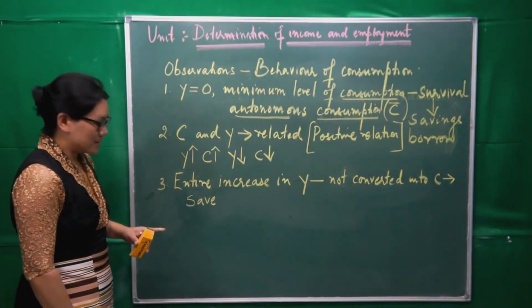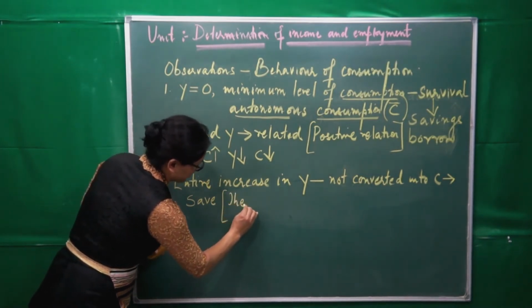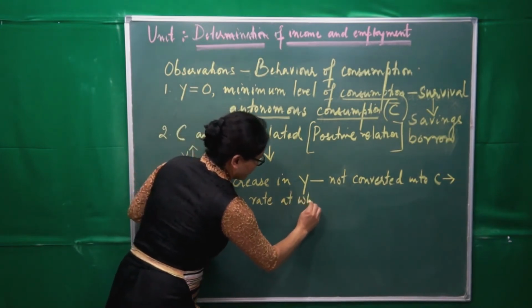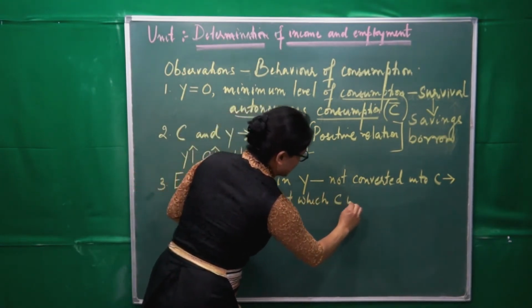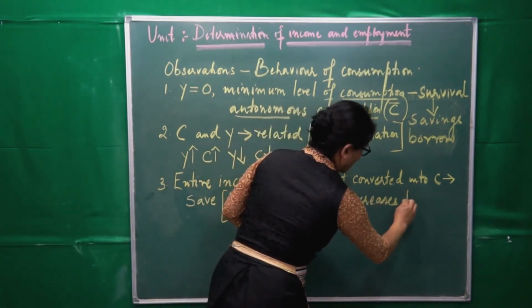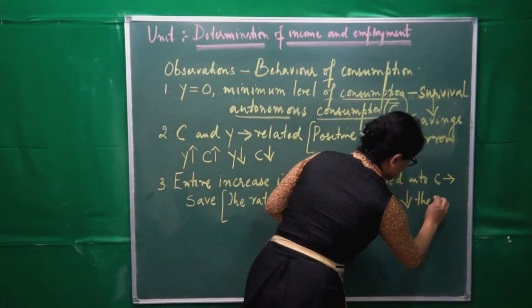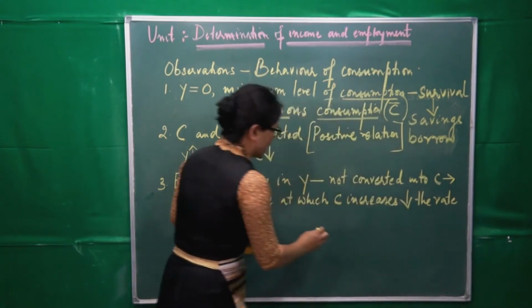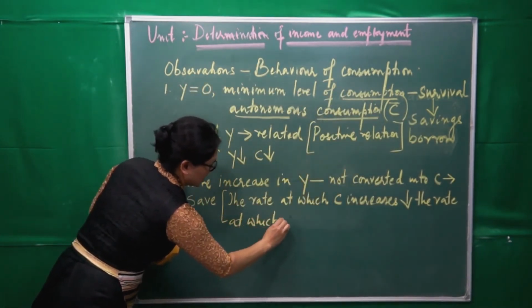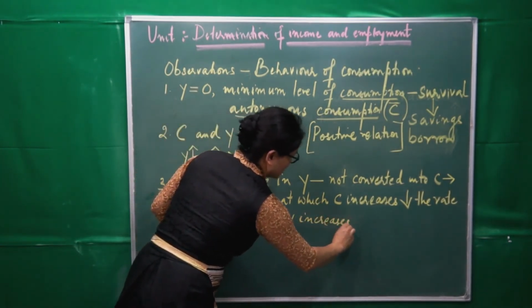So we can write it like this here. The rate at which C increases will be lower than the rate at which income increases. Is that clear?